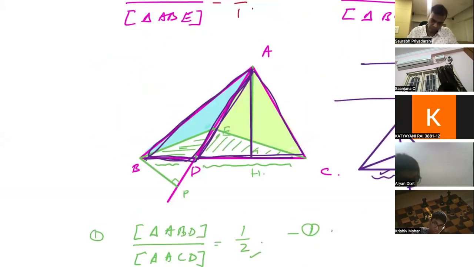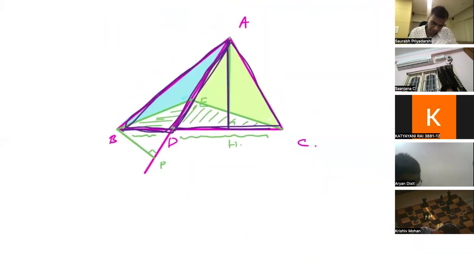Sir, Sanjana, I use that AD is perpendicular to BC. Explain, beta. Sanjana, try to explain. Sir, for the second one, for triangle ABC and the triangle BCE, we know that the bases are same.